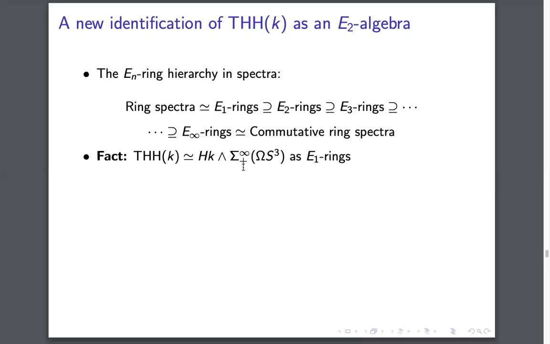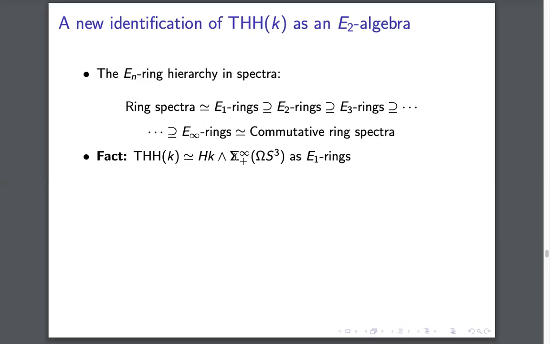And because of James splitting, we know that this is the free E1 ring. And from Bökstedt's results, because the homotopy groups of this guy are free, you know that this is also the free E1 ring on a generator in degree 2. So these things are known to be the same. It's pretty immediate from the things we already know.